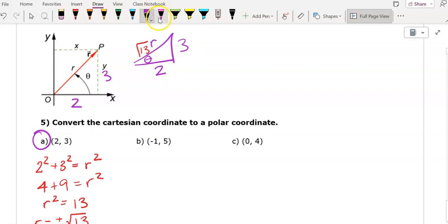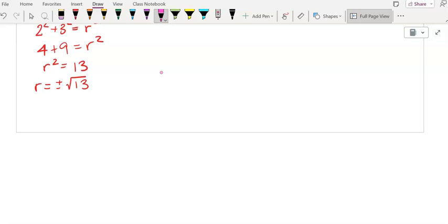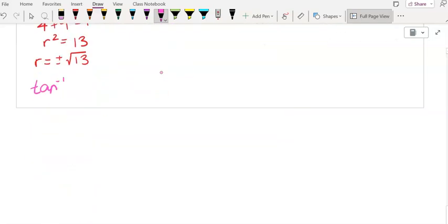So in this particular case, what I would do now is inverse tangent, opposite over adjacent. So opposite would be 3, 2 would be my adjacent. So I'd set this up as tangent inverse, I'm sorry, I already forgot the numbers, 3 and 2. 3 over 2 is going to get me my theta, okay?